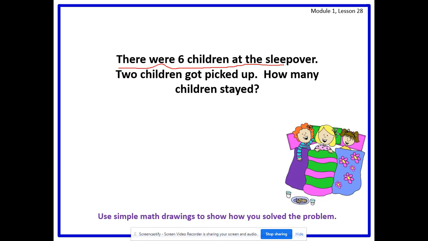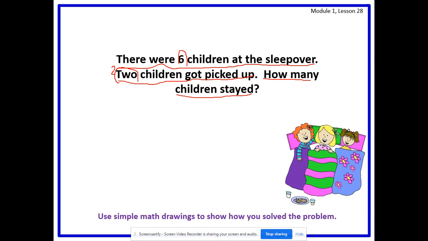There were 6 children at the sleepover. 2 children got picked up. How many children got picked up? Get ready. Yes, 2. And I'm going to put a number 2 here to help me know that that's 2. Our question says, how many children stayed? So they want to know how many children stayed.